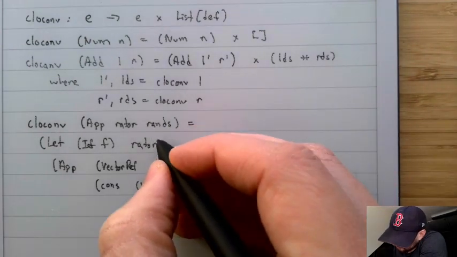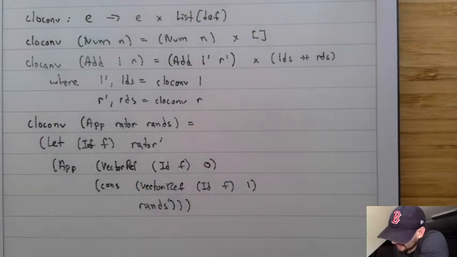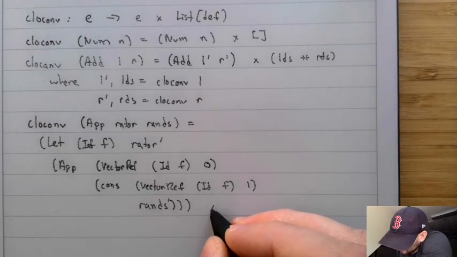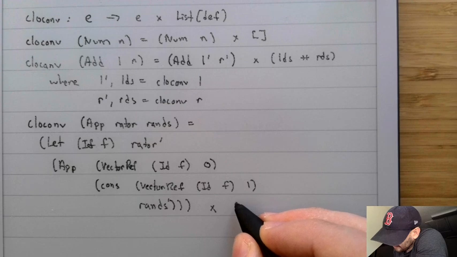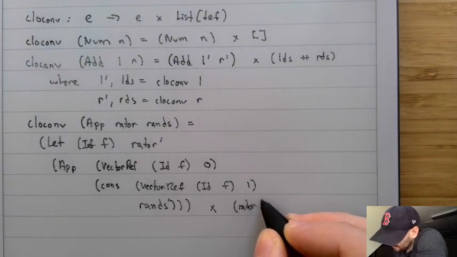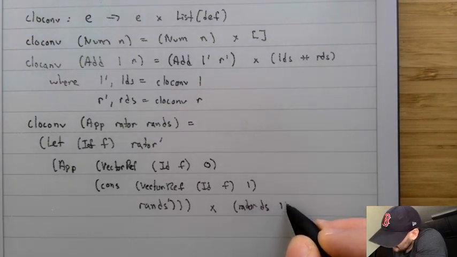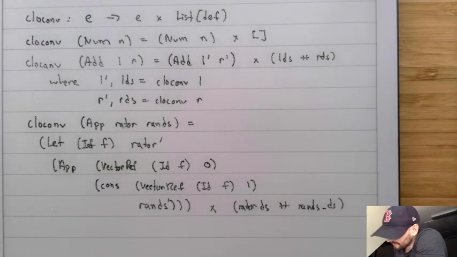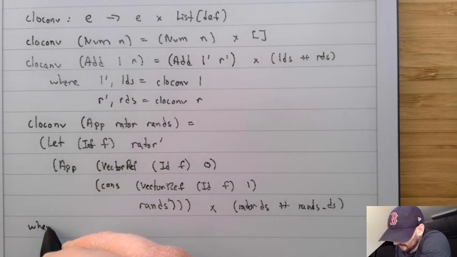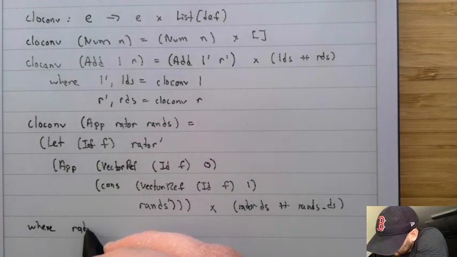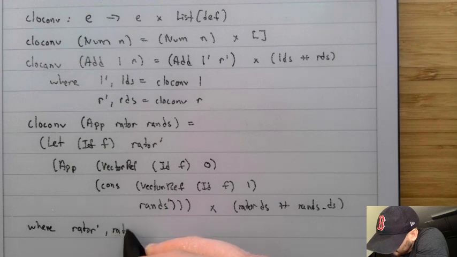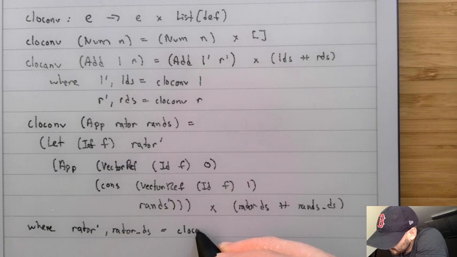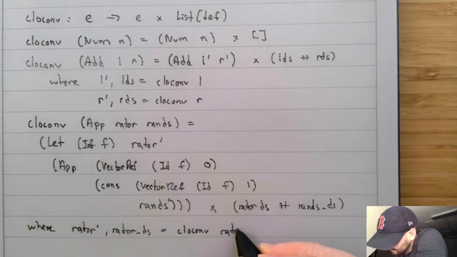Now it turns out that this rator has to be the rator prime, and the rands have to be the rands prime, because there may be lambdas inside of those. And we're going to combine this with the rator definitions and with the rands definitions, where the new version of the operator and the rator definitions is what happens when you call closure convert on that operator.